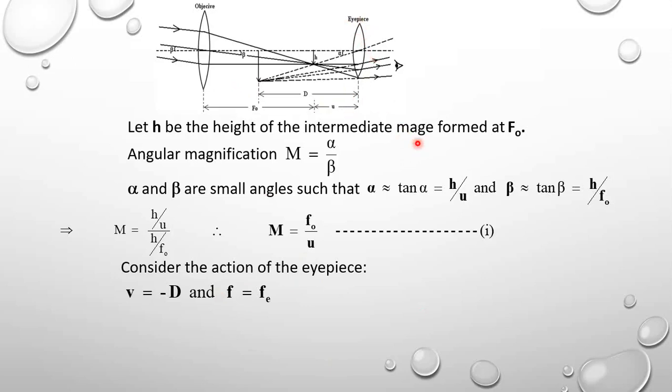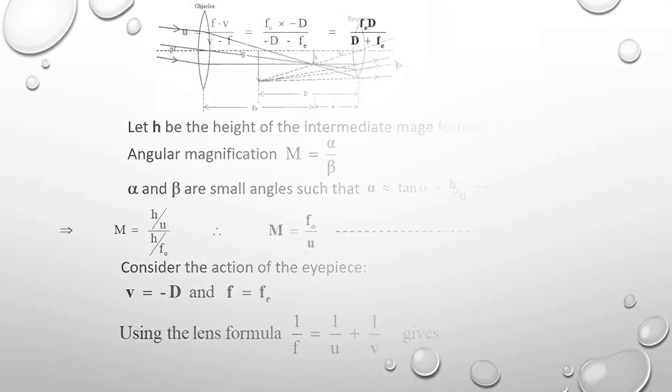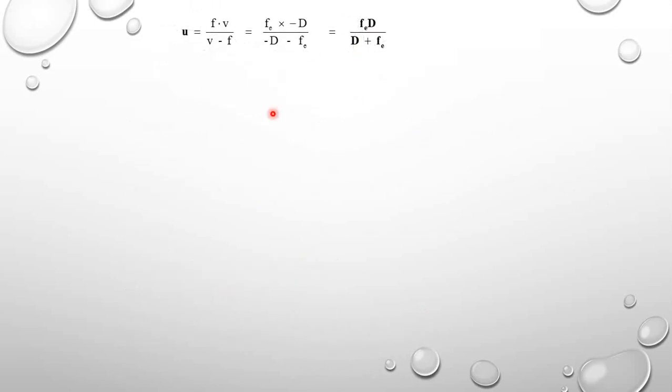So we shall have our u given as f times v divided by v minus f, and if we substitute for f and v, we shall get it as fe times D divided by D plus fe.